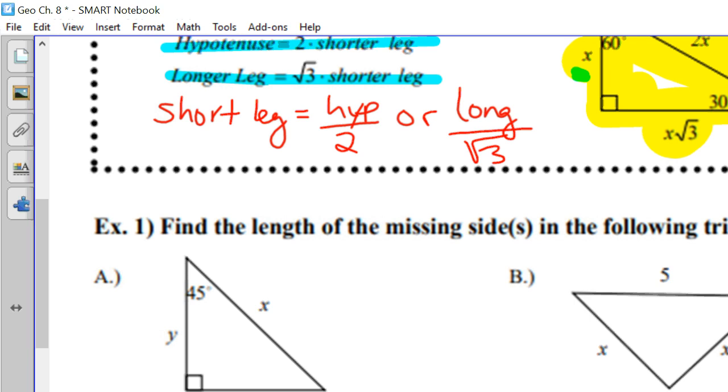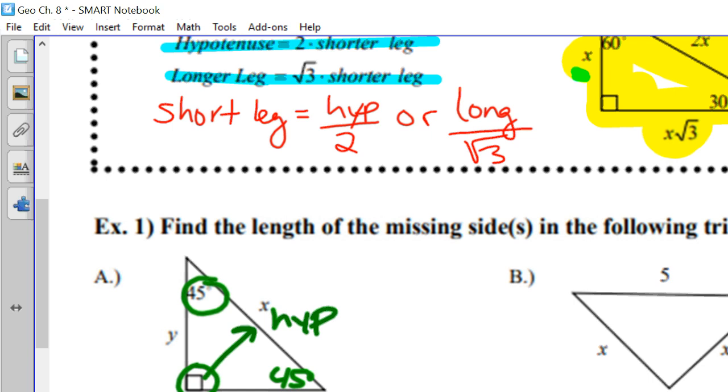We'll go green on this guy. So we know that this is 45, we know that this is 90, we know that the other guy has to be 45 because there are only 180 degrees within a triangle. Okay, 45, 45, 90. The hypotenuse is here.